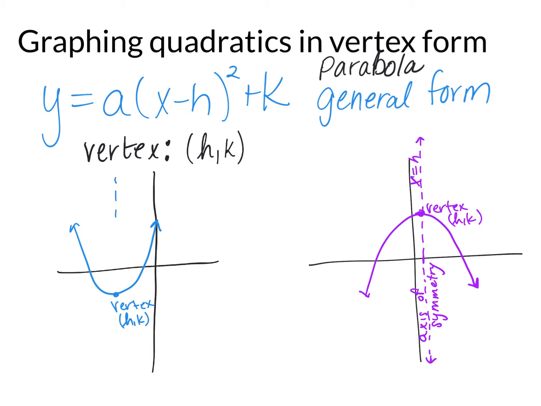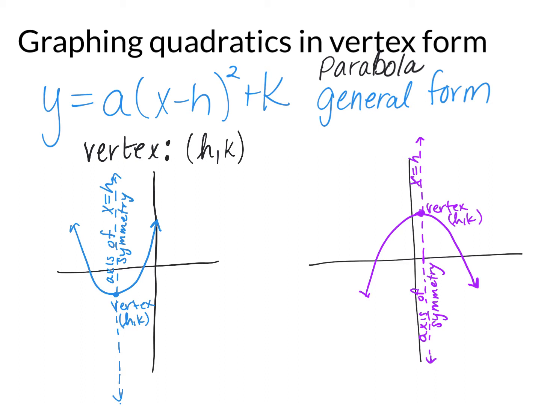The same thing goes for the one that opens up. The equation is still x equals h, and it's called the axis of symmetry as well. The only difference between these two graphs is that one's opening up and one's opening down. And that's what determines anything that's actually different.